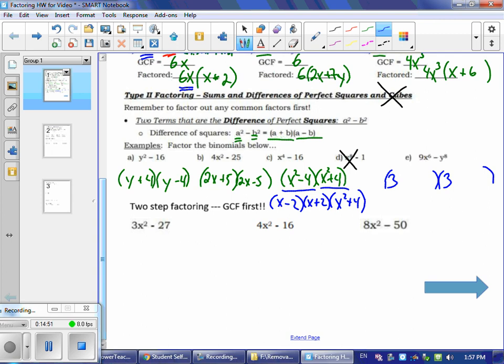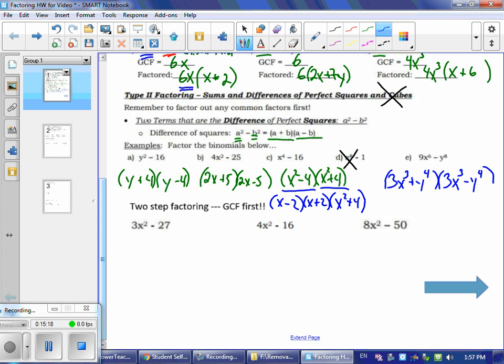Half of its exponent, because 6 is even, is 3, so it'll be x cubed. And then with the y to the 8th, half of the exponent, because it's even, will be its square root. So we've got y to the 4th. So we got 3x cubed plus y to the 4th, 3x cubed minus y to the 4th.